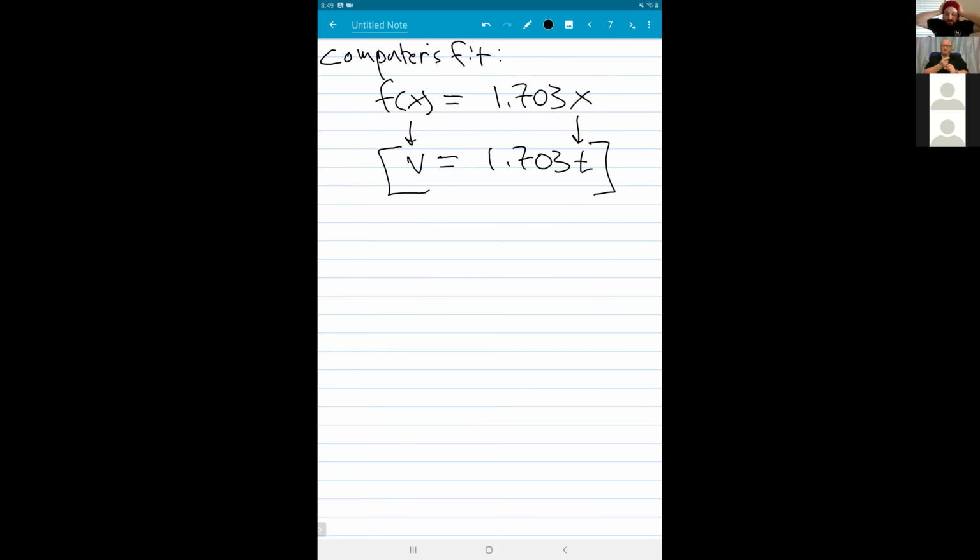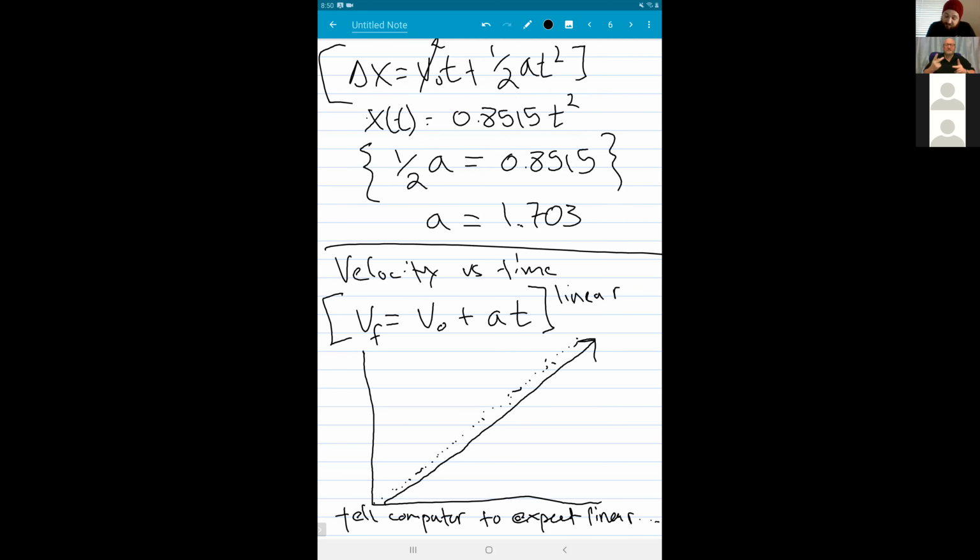Like I said, the computer just sees my y variable, my vertical variable, is equal to some number times my horizontal variable, and I interpret that as my velocity is equal to something times time, because I expect it to be of this form, right?